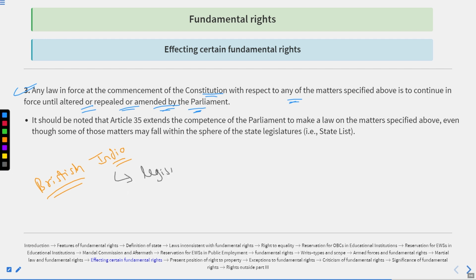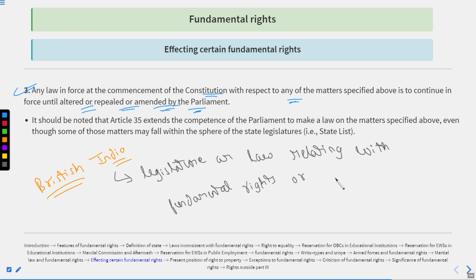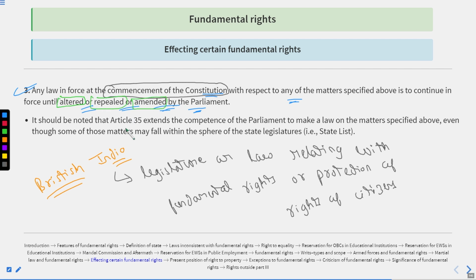So if there is any law relating to the fundamental rights or protection of rights of citizens, all right, and the same law was in force when the Constitution was commencing, that particular law is not going to be abrogated or dismantled until or unless it is further altered, repealed, or amended by the Parliament as per the new Indian requirements. Okay. If this is not done, the law will continue as it is.